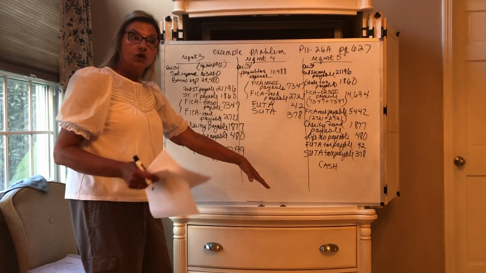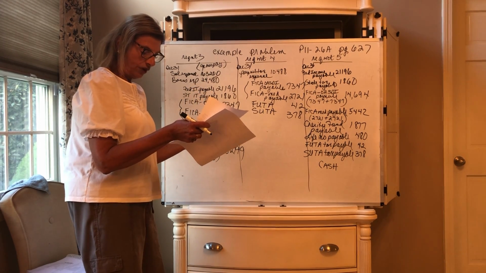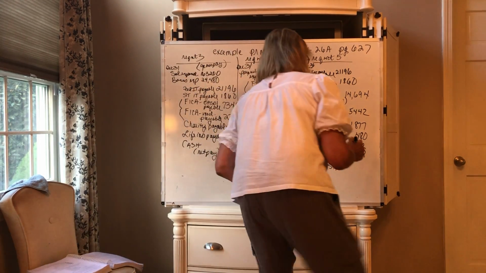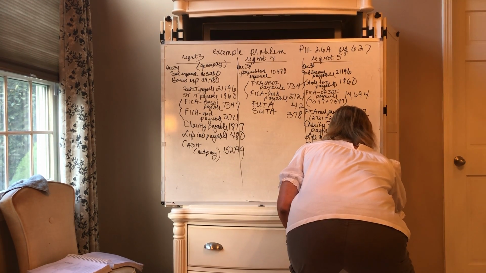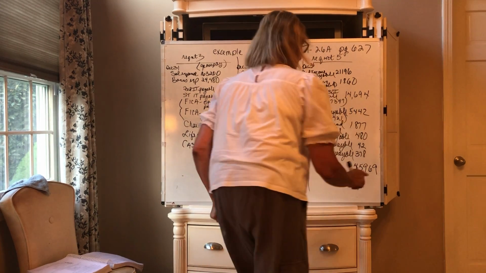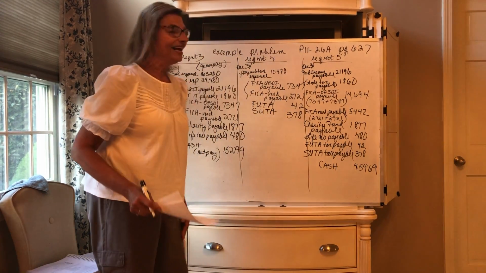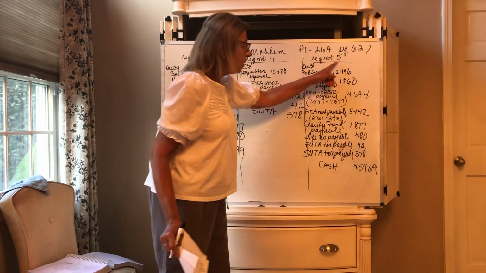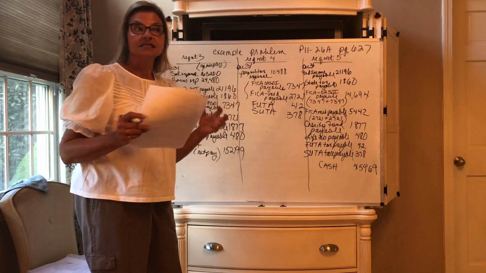If you add those all up for the two combined, it comes to $45,969. I'm trying to make this look like a credit. Doesn't really look like a credit, but it goes over there. Okay, so I had to total all of these in order to get the total taxes for both.